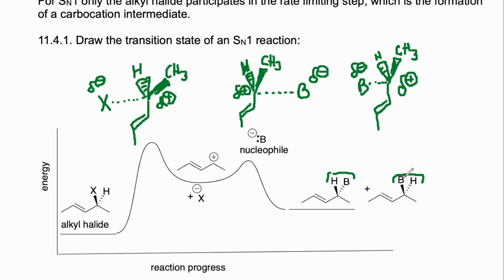So the X had been a wedge, the nucleophile coming in could be a wedge, or it could be a dash. So you get a mixture of stereochemistry at that new site, because this intermediate that forms is a flat cation, and so the nucleophile can attack from either side.